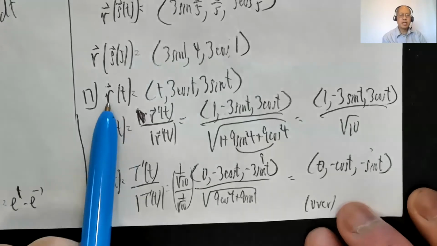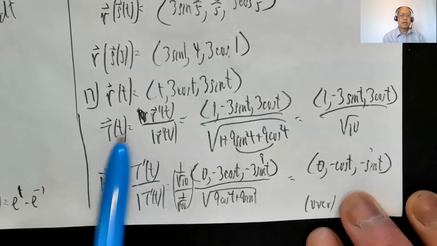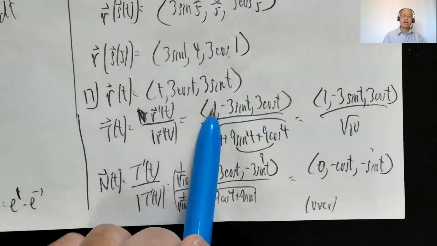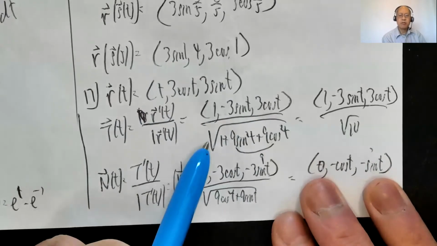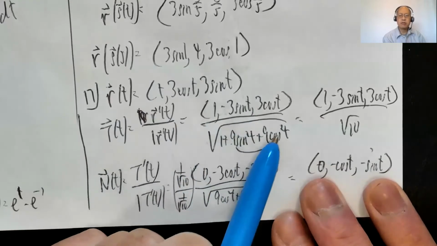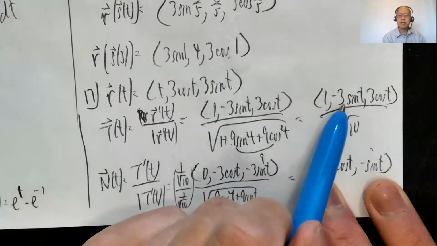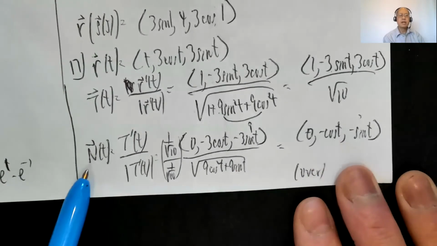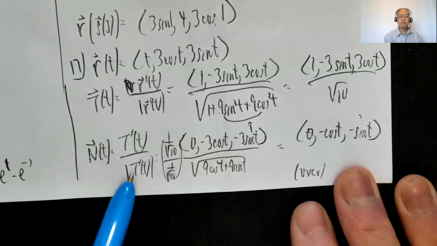All right, 17, they give me r of t. So T is r prime divided by its magnitude. So the derivative of this is 1, negative 3 sine t, 3 cosine t, divided by its magnitude. 1 plus this thing squared is 9 sine squared t. This thing squared is 9 cosine squared t. Similar game, that's 1 plus 9. So T is 1, negative 3 sine t, 3 cosine t over radical 10. Then the unit normal is T prime over norm of T prime.